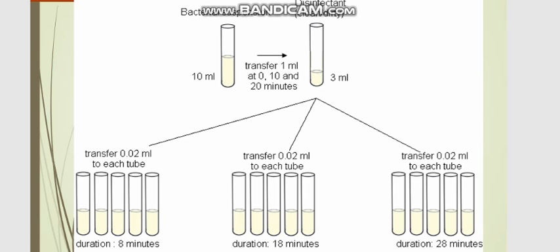Now there will be 2 ml of bacterial suspension and 3 ml of test disinfectant. The same way, we transfer microbial cells to the nutrient media to check whether the disinfectant kills the microbial cells or not. So this was the second step. The first step is at 8 minutes, and the second step is after 18 minutes.